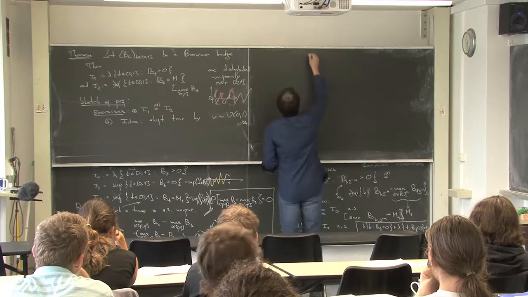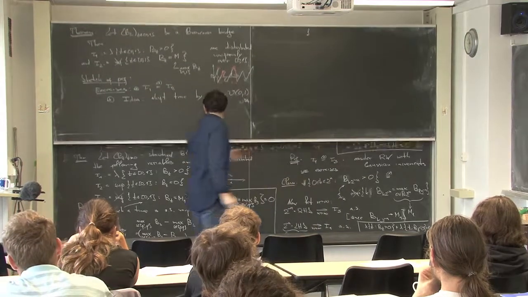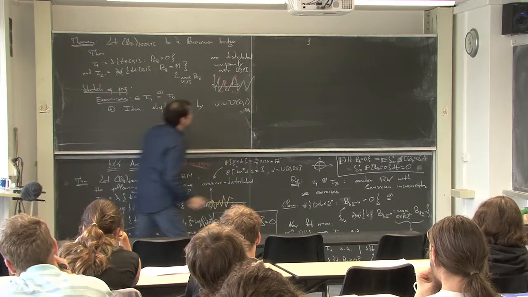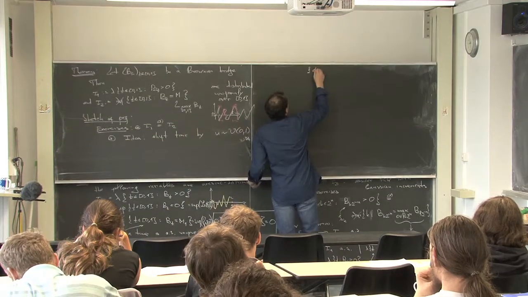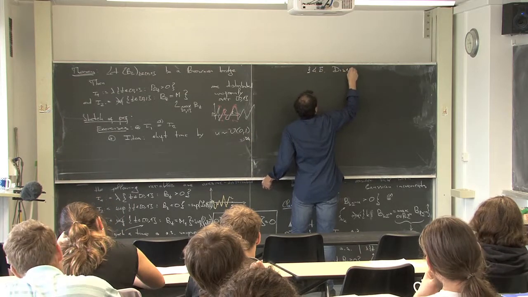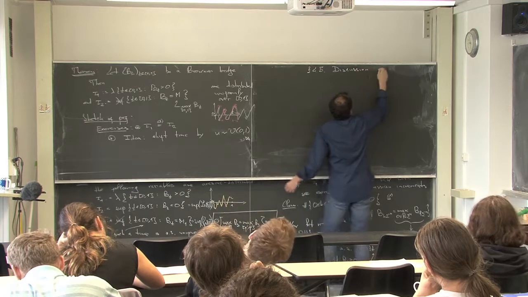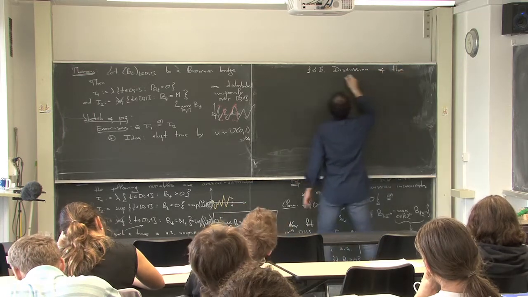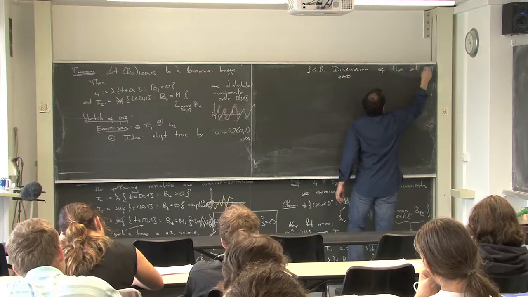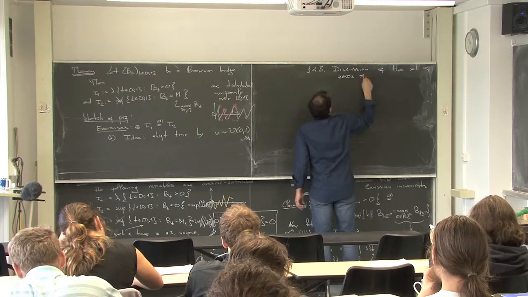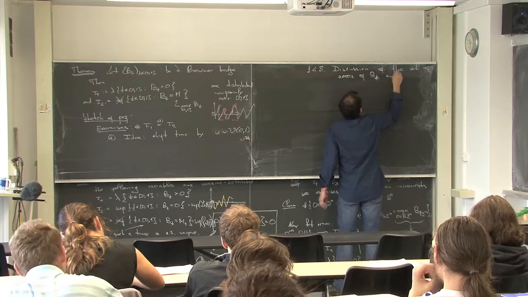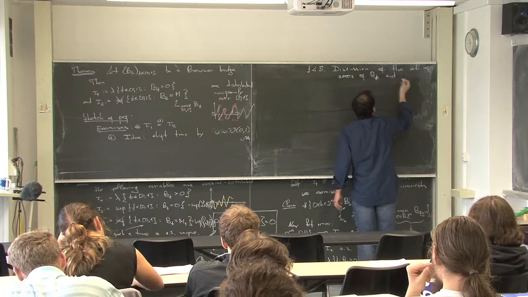So, okay, this is the next paragraph. Voila, 4.5. Some discussion of the zero set, of the set of zeros, of B_t, and okay, and that's it.